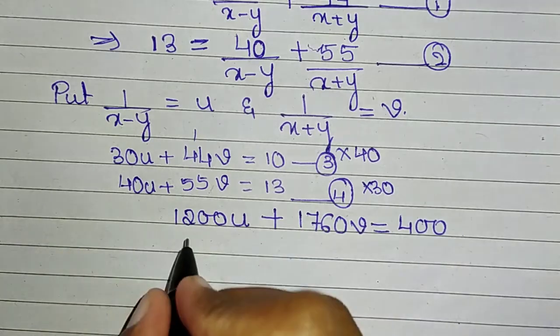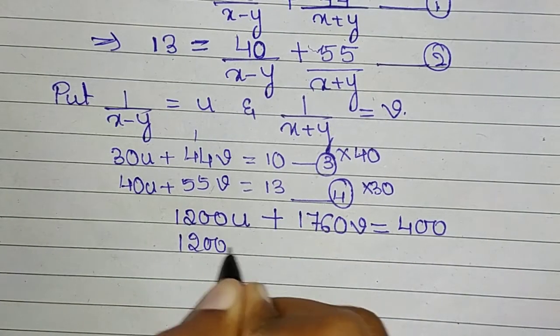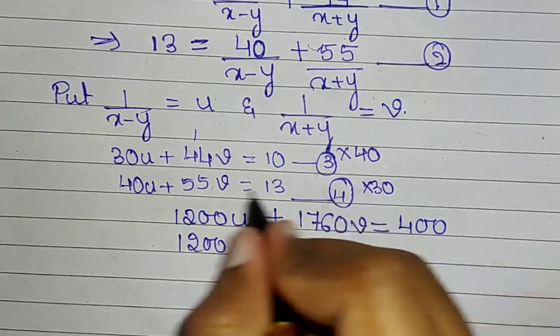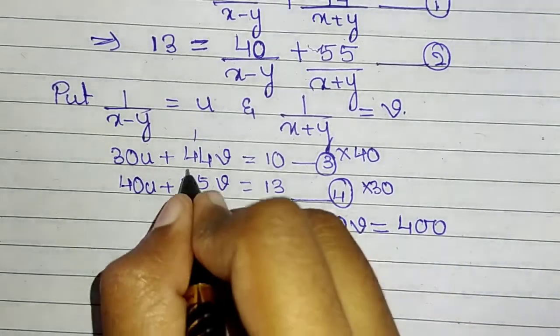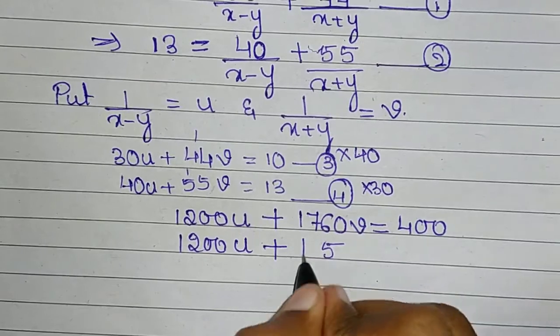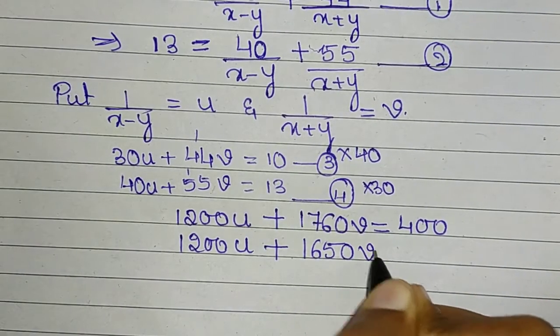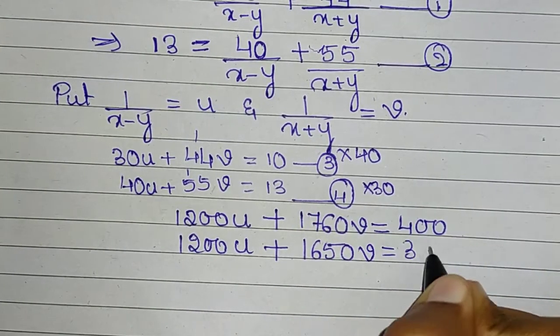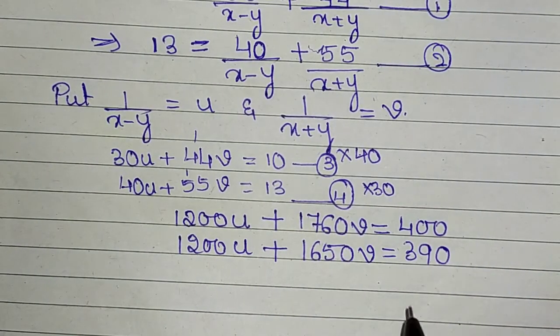Similarly, 30 into 40, 1200u, plus 30 into 55, 1650v, is equal to 30 into 13, 390.